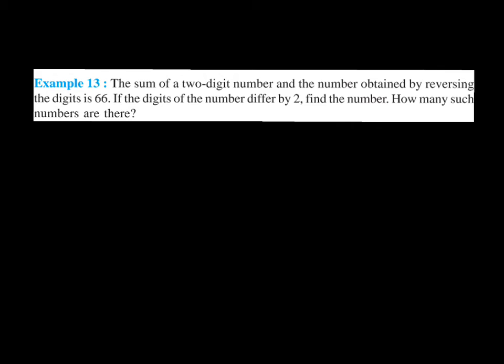Let the tens digit of the number be x and the units digit of the number be y. So we have a two-digit number over here. And we know that the value of x is going to be 10x, plus the value of y, which is y. So this is going to be the first number.